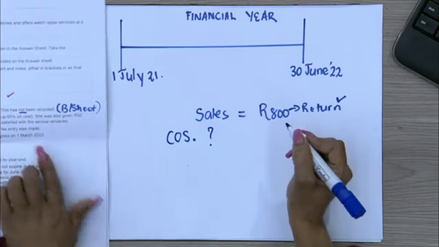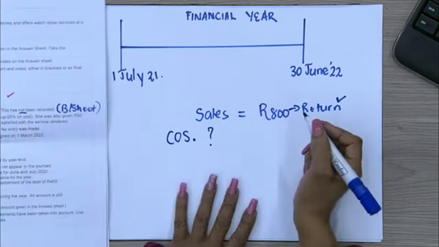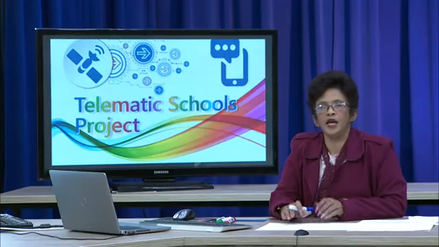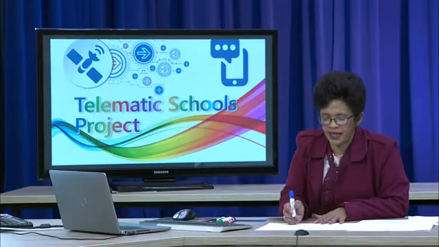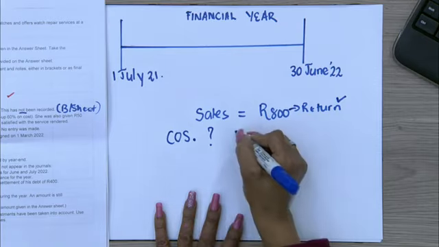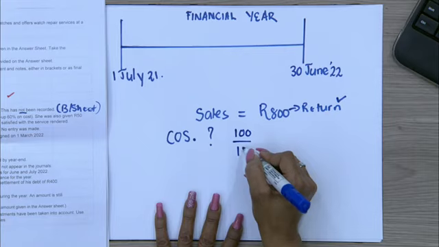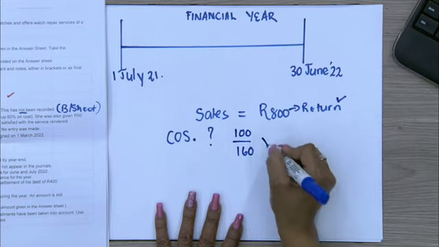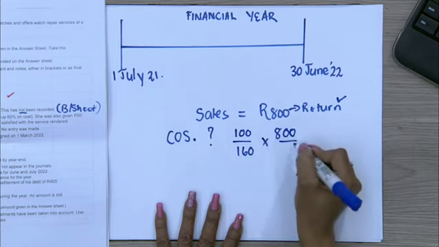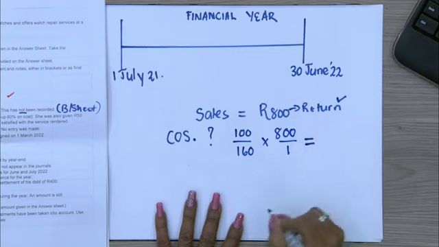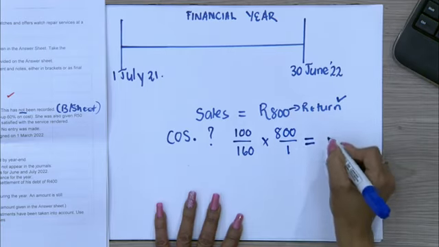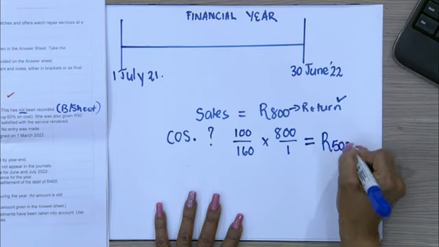If you go to your information, it tells you that the markup is 60%. Now, if it's 60% and I'm looking for cost of sales, by now you know I will have the 100 as my numerator, the 160 as my denominator. Multiply that by my 800 over 1, and we will come to a figure of 500 Rand.